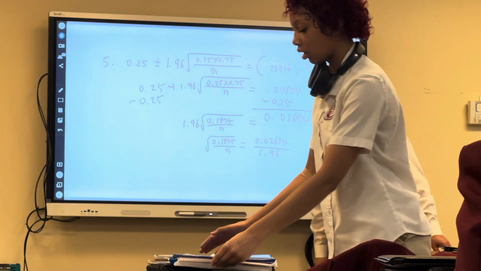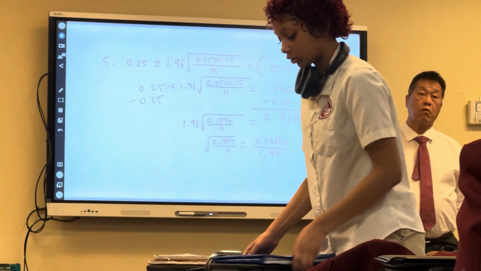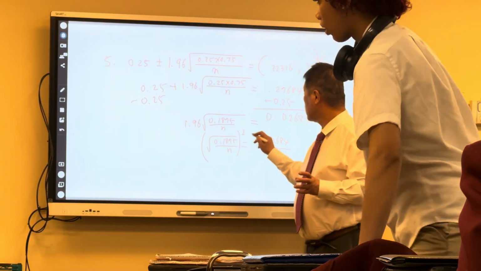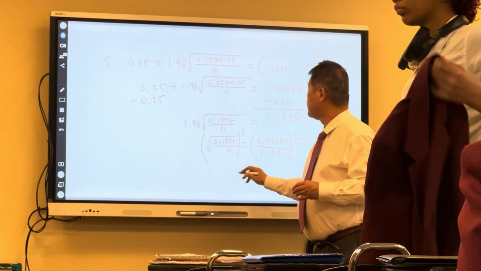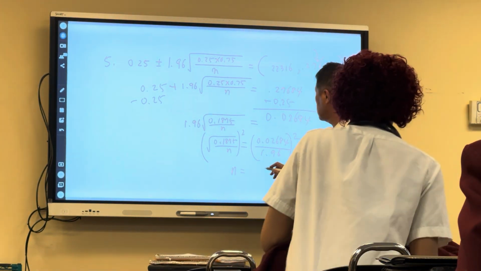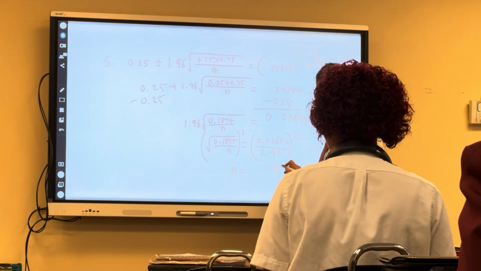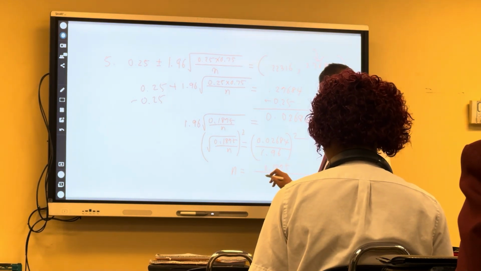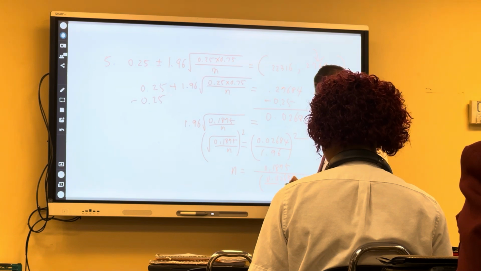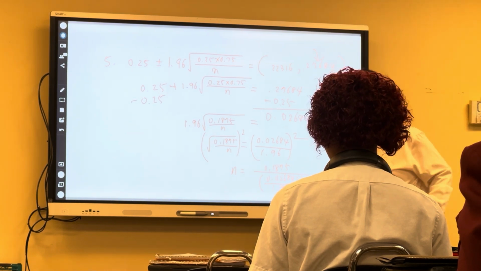Then what is the next step? When I solve for n, you square the left and right hand sides. Find the number.